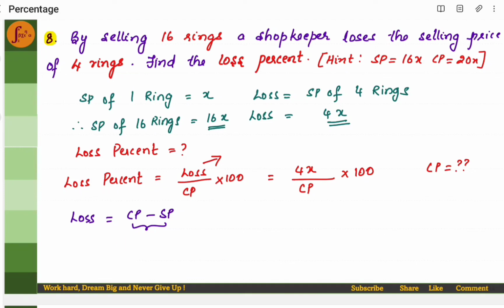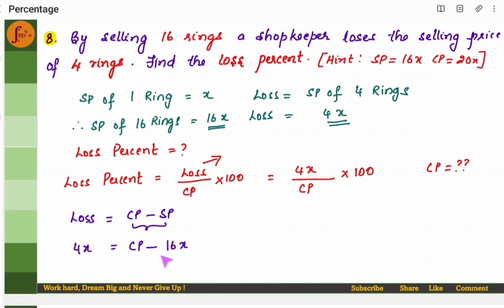Now, we don't know the cost price, so we'll leave it like that. What is the selling price? We'll have to take selling price of 16 rings, because he has sold 16 rings. It is 16 times x, which is 16x. And what is the loss incurred? 4x.